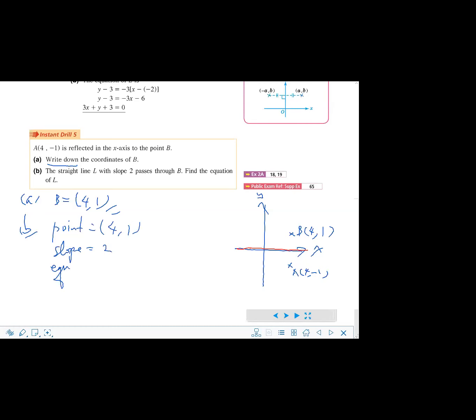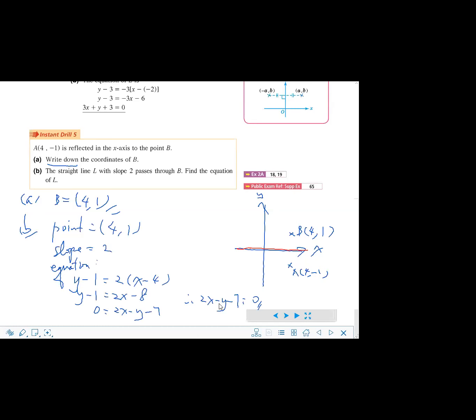Then the equation is formed by y minus y1 equals m times x minus x1. Removing all the brackets gives 2x minus 8, then moving all the terms to the right, 2x minus y minus 7 equals 0 is the answer. All right? Okay, so next one.